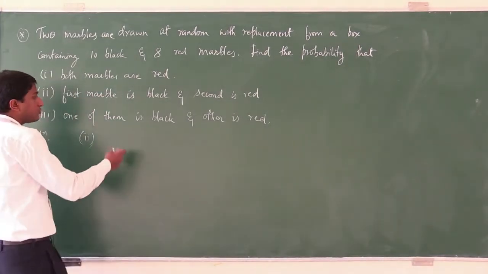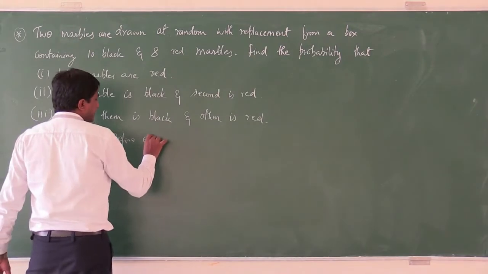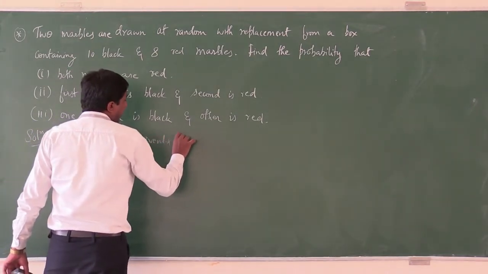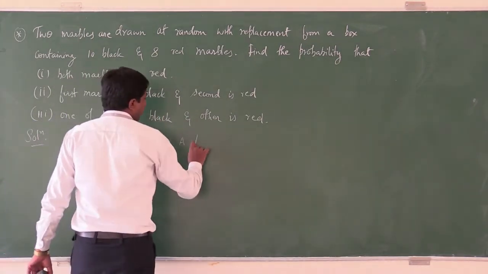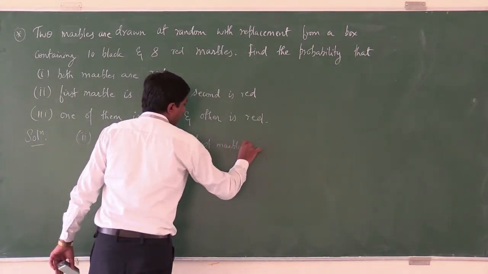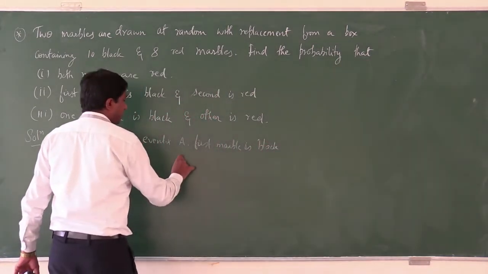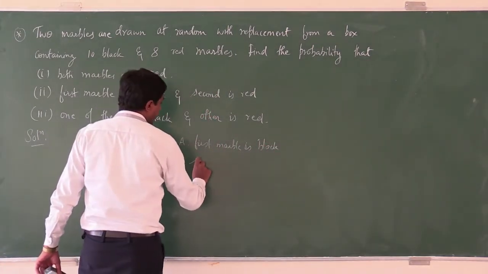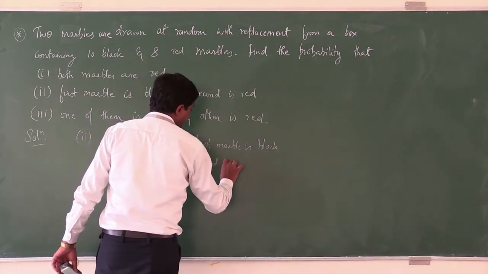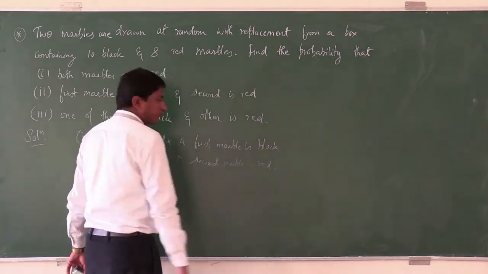So how can you define the events? I'll define events like this. Event A, first marble is black. Okay, event B, second marble is red.